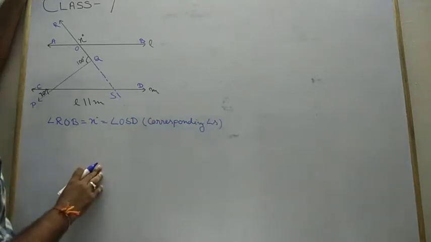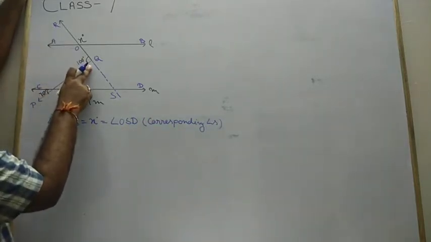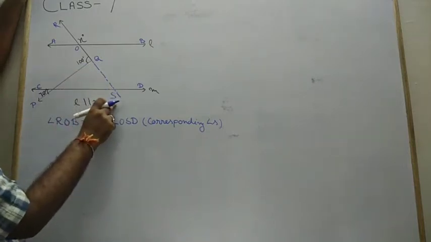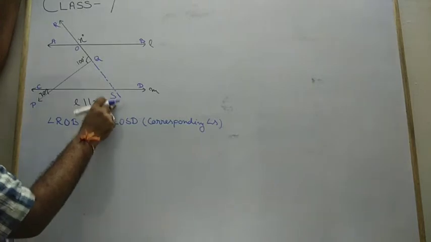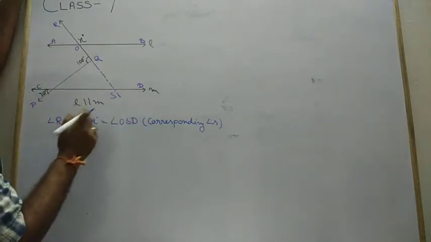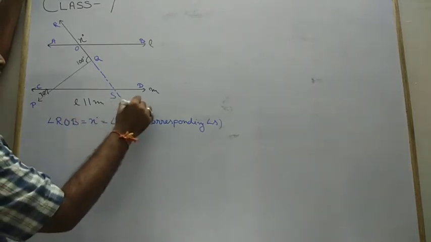Why are these corresponding angles? Because we produce the intersecting line RQ backward so that it cuts the second line M at point S. So RS is a transversal for both L and M. Clear? You must write down somewhere here that RS is a transversal.